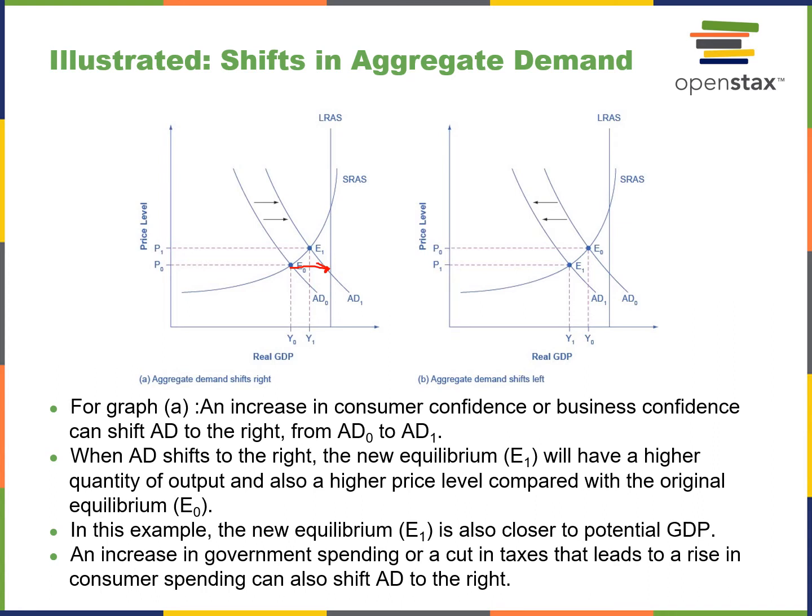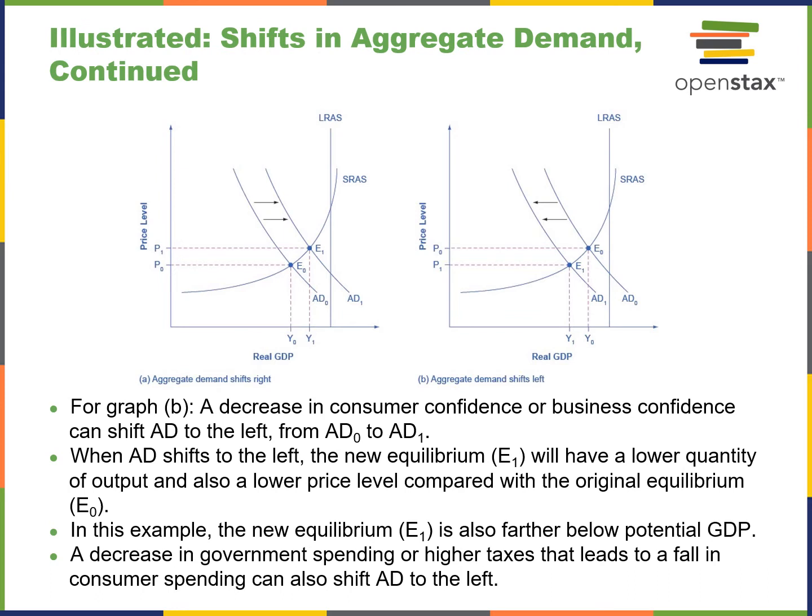The new equilibrium would be found along the short run aggregate supply curve at E1, so the price level would be P1, and the real GDP would be grown upwards. An increase in government spending or tax cuts could also lead to a shift in the AD to the right. So these are various examples of how that could occur.